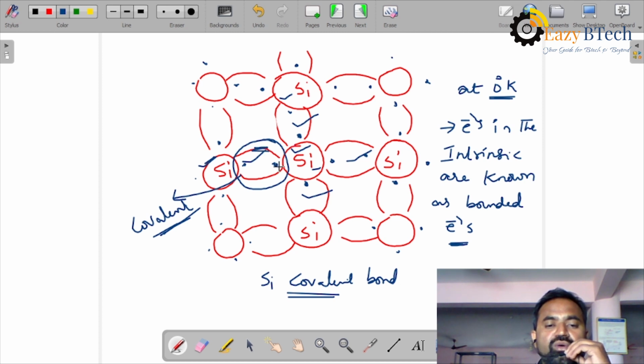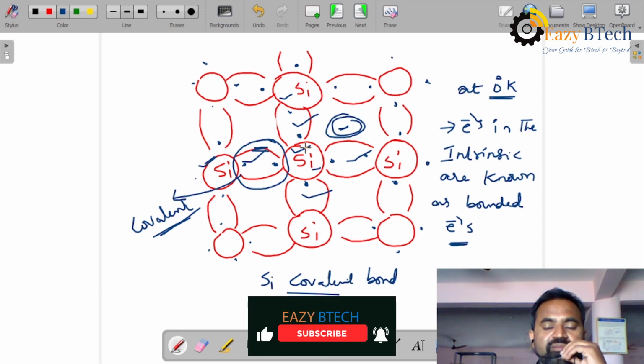There is no movement of an electron into the free band or free space. This is a forbidden gap. Now no electron can become a free electron, and conductivity is not possible in an intrinsic semiconductor at 0 degrees Kelvin. Okay students, I hope you understood.